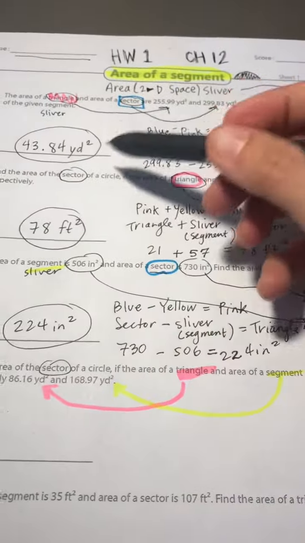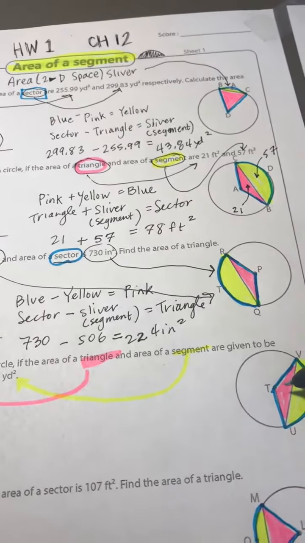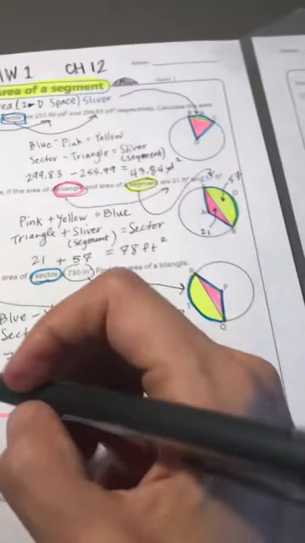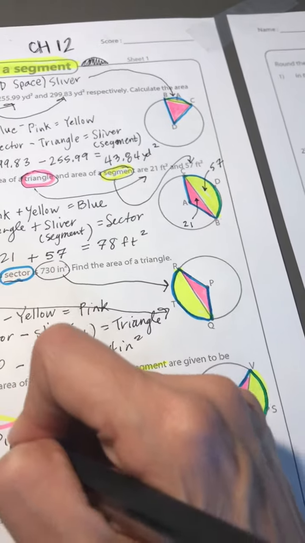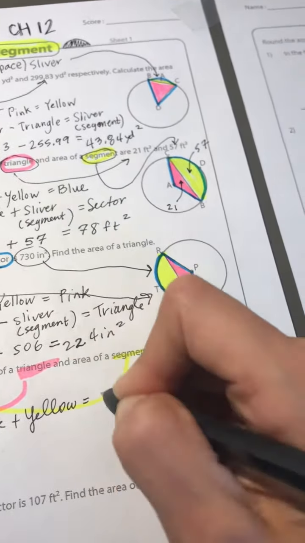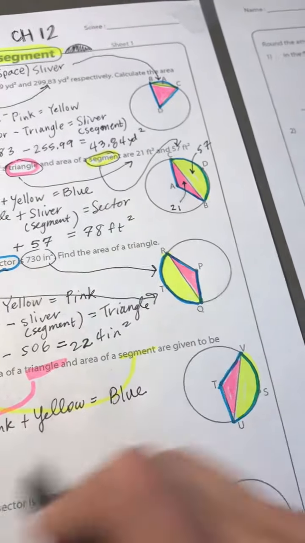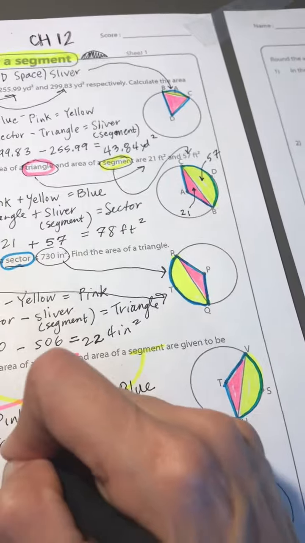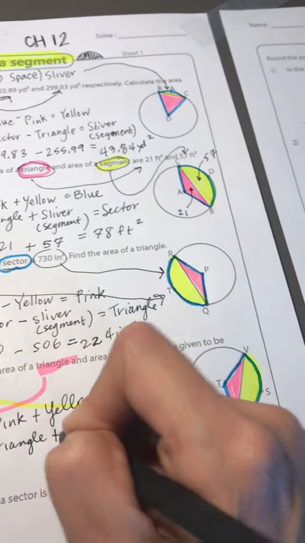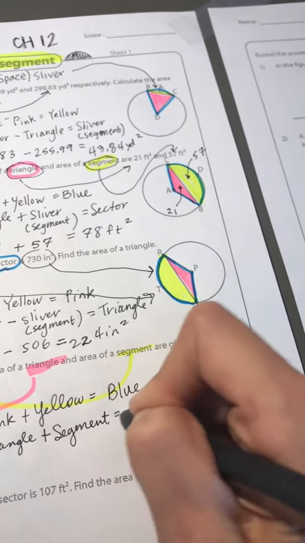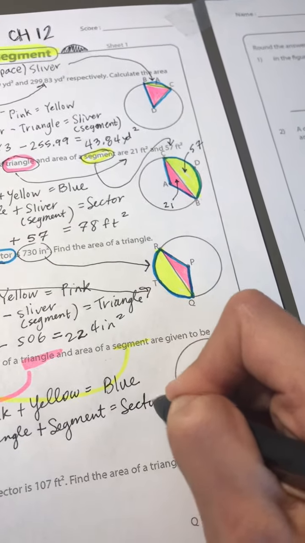You're thinking, oh, that feels like the same thing. If I know the area of the pink and the area of the yellow, I can combine them to get blue. So pink and yellow together should make blue. That's also thinking about our vocab words. The triangle plus the segment, or our sliver, should equal the full sector.